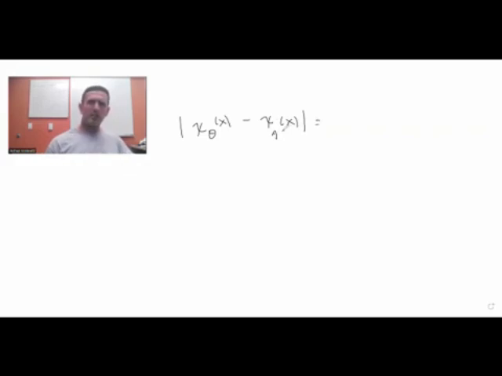Let's look at this difference of characteristic functions, absolute value. I claim it's 1 if x is in the symmetric difference of theta and A. It's called the symmetric difference, and just a reminder, this is theta take away A, disjoint union, A take away theta.